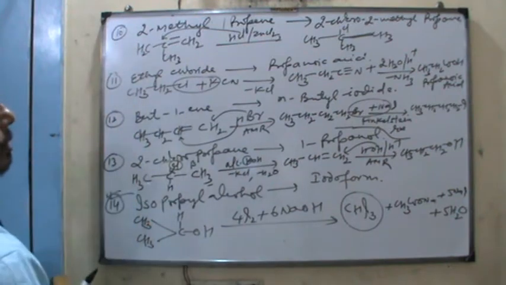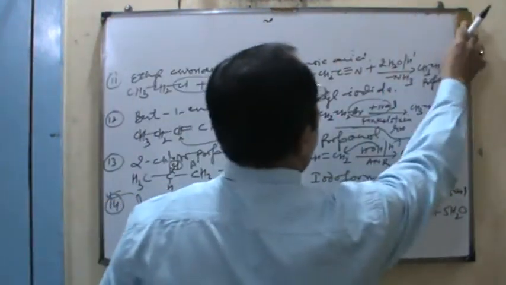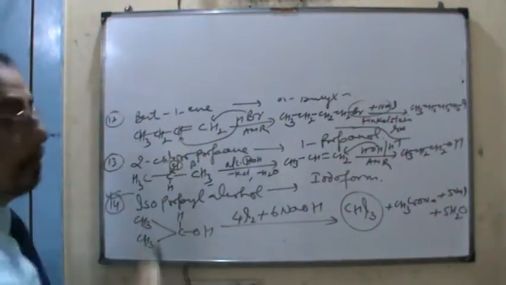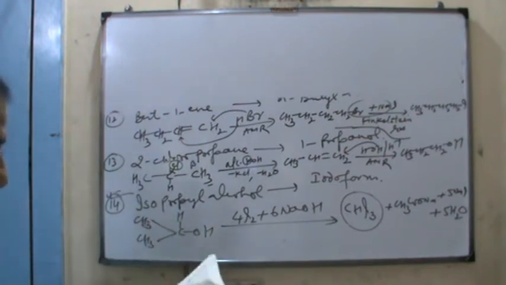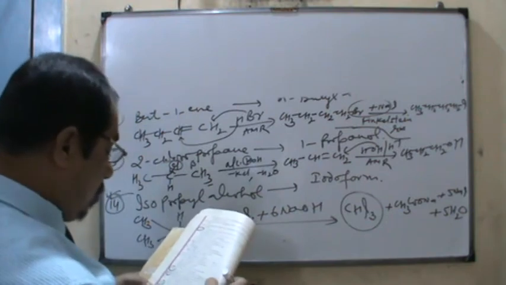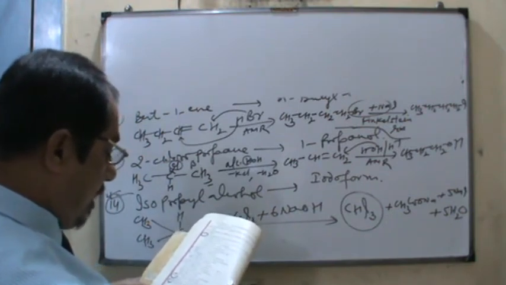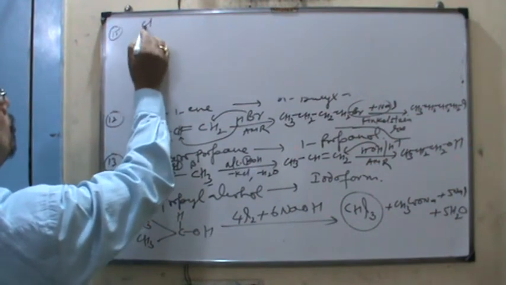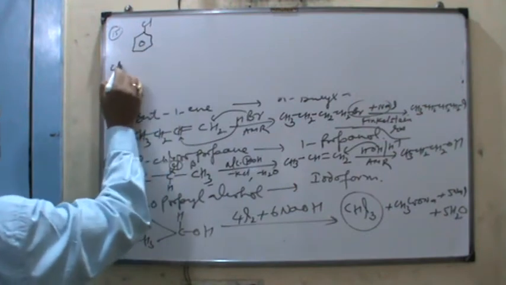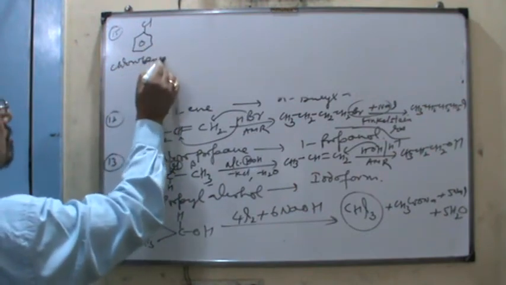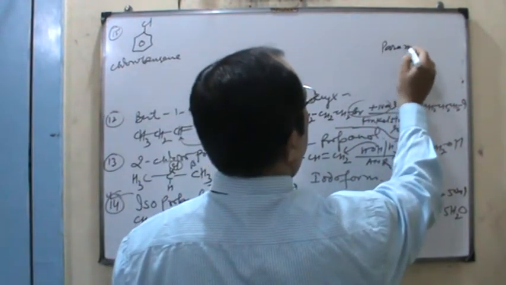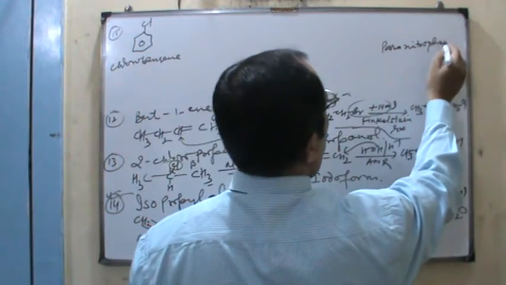Now we switch over to the next question, the 15th question: chlorobenzene to para-nitrophenol.